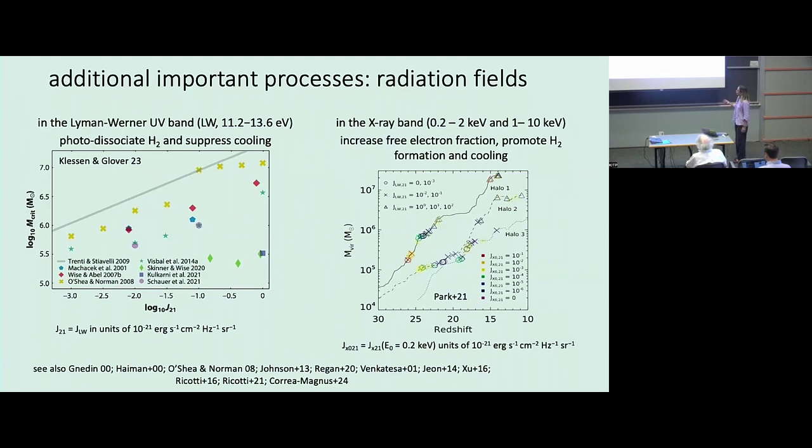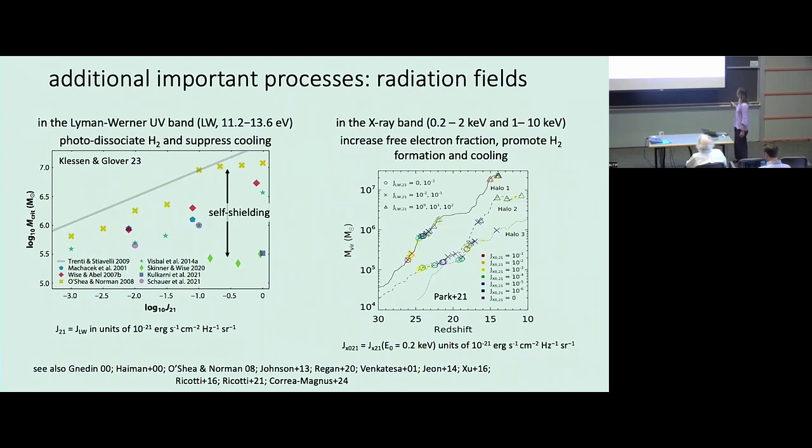And so a collection of data, again, taken from this recent review. As you can see, depending on the strength of the UV field and also on the resolution of the simulations, the effect of self-shielding, which is very important in order to prevent photodissociation in the densest systems, you can have huge variations in the resulting critical mass for the onset of star formation.